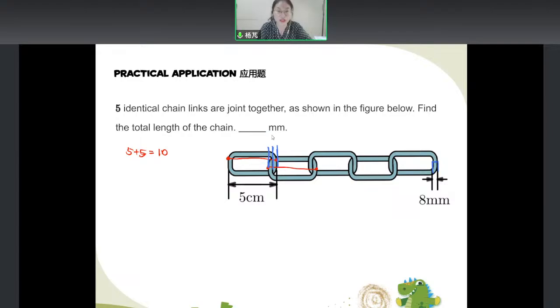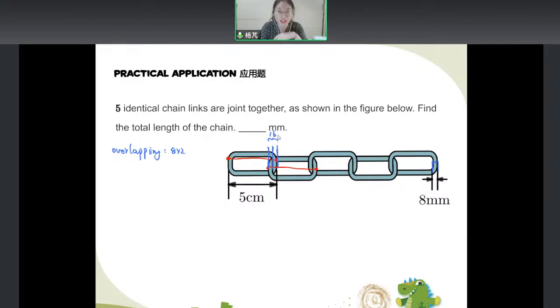So here we go. Now, let's just focus on the overlapping part first. Overlapping. Second, overlapping. Each of the overlapping, it should be 8 times 2. 8 times 2 equals 16.